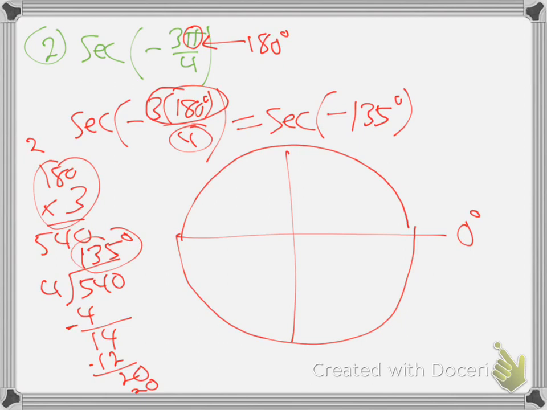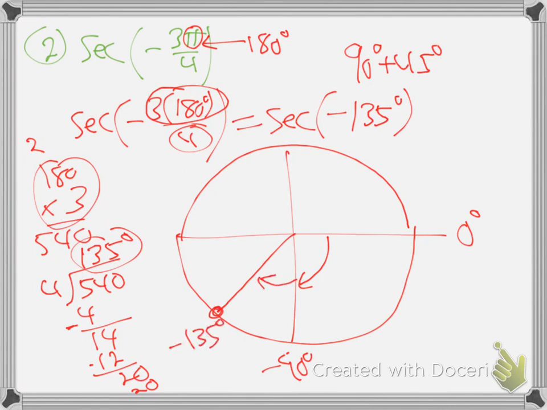So I could just go down 135 degrees. Where's that? That's 90 and 45, both negative. Here's negative 90, and then it's right in the middle of the next quadrant. That's negative 135 degrees. Does that make sense how I found that?